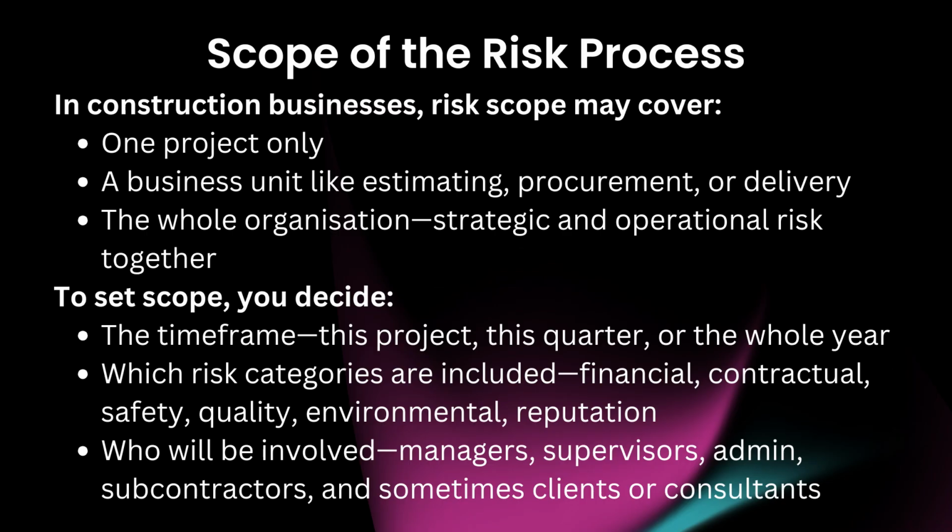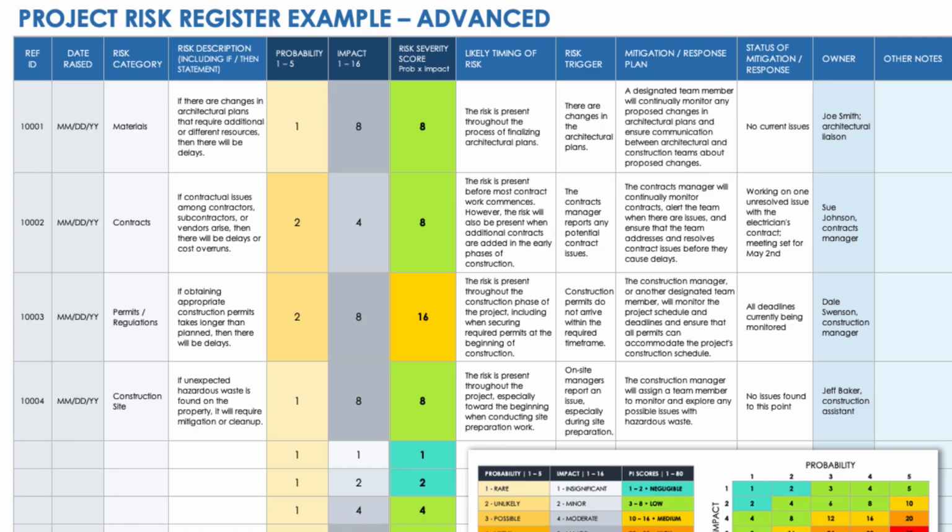Scope is important because it controls how big the process becomes and keeps it focused. In construction businesses, risk scope may cover one project only, a business unit like estimating, procurement, or delivery, or the whole organization's strategic and operational risk together. To set scope, you decide the time frame: this project, this quarter, or the whole year.